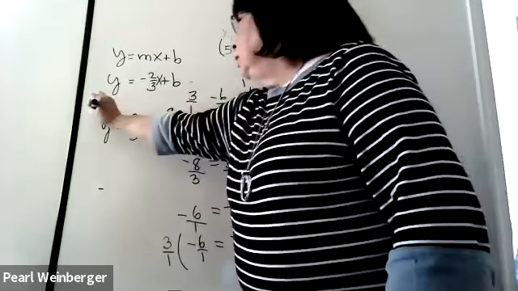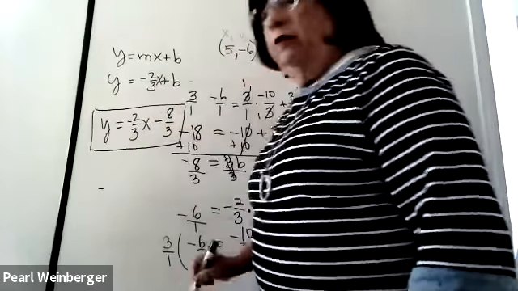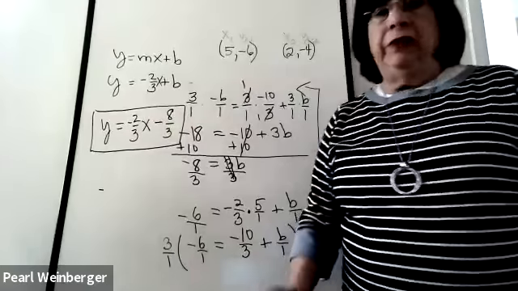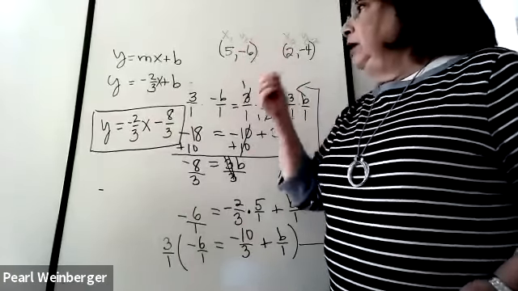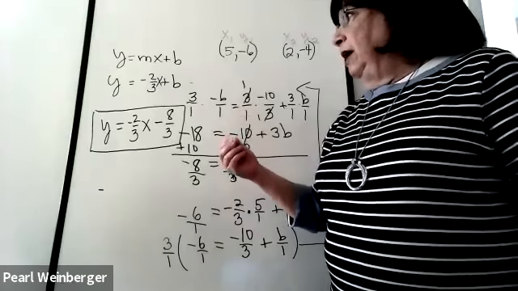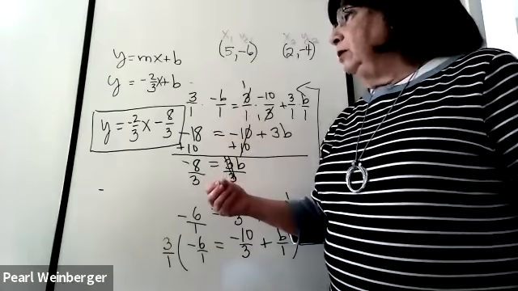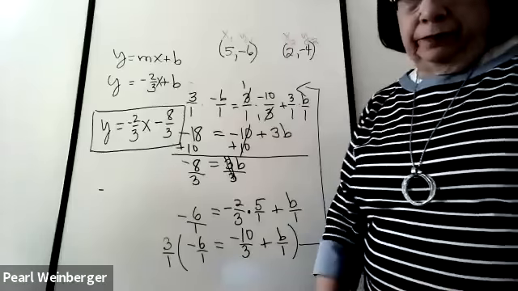And here's the equation of the line in y equals mx plus b form. So we've started with 2 points, any 2 points, and we found the slope, and then we found the y-intercept to give us the equation of the line.